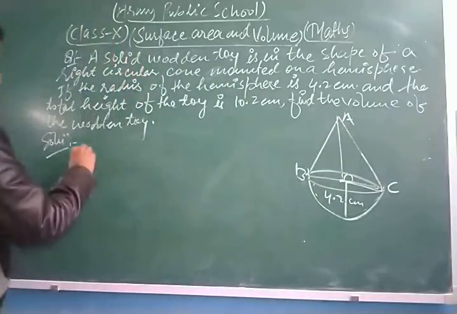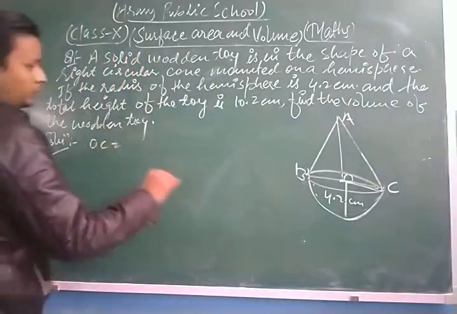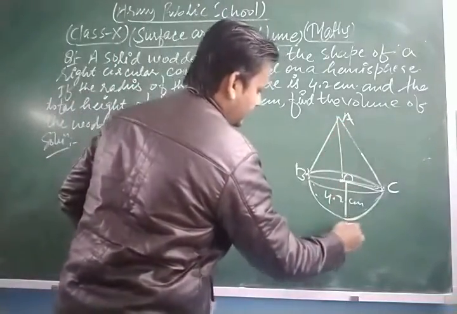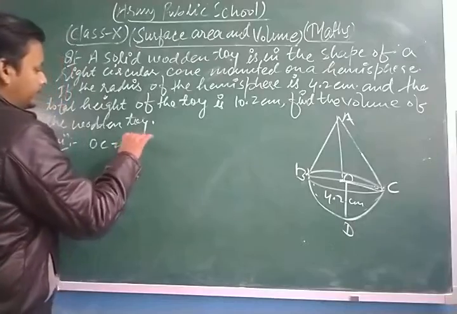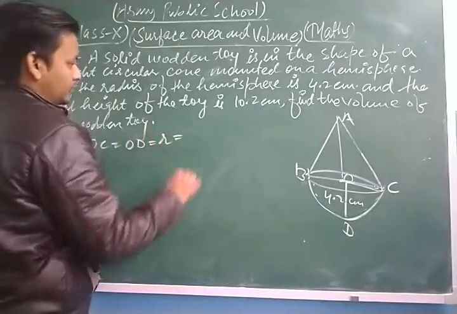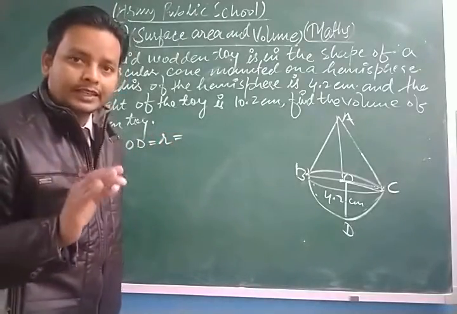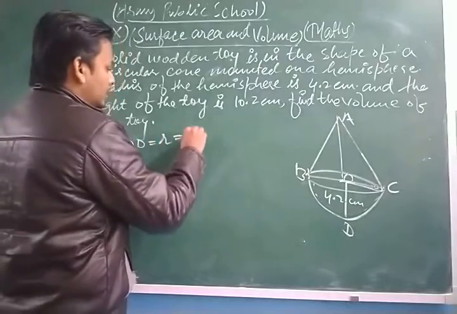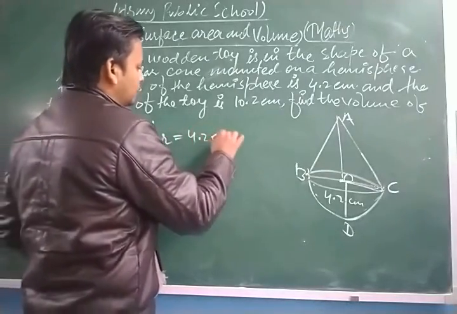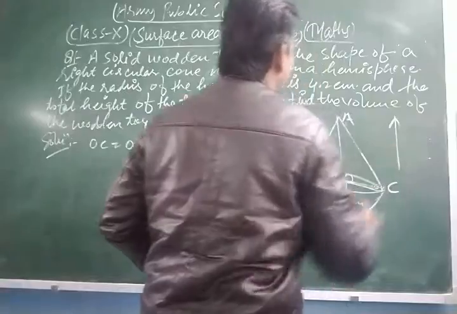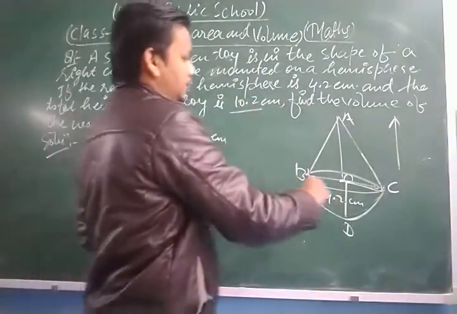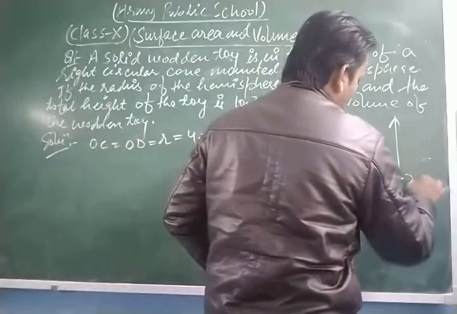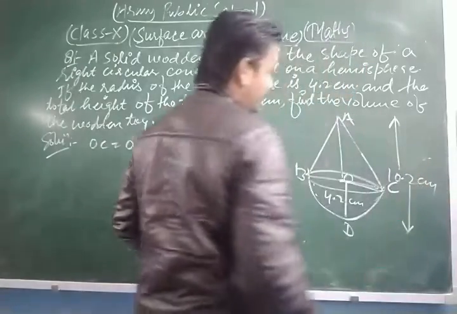OD, the height of the hemispherical part, is equal to the radius of the cone as well as the radius of the hemisphere, which is 4.2 centimeter, and the total height is also given. Total height of the toy is 10.2 centimeter.